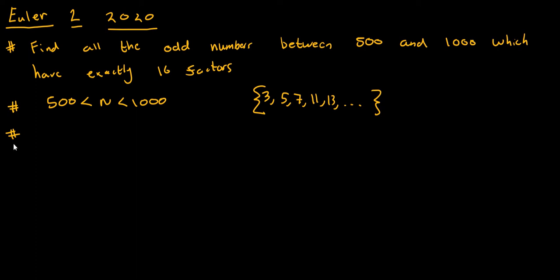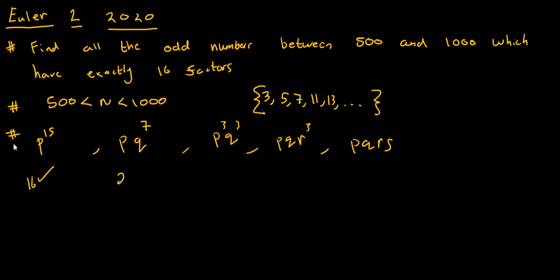We may have more than one prime. So the numbers are going to be of the form p to the 15, or p to the 1 times q to the 7, or p cubed times q cubed, or p times q times r cubed, or p times q times r times s. Let's check to see if these give 16 factors. 16 definitely. 2 times 8 definitely gives 16. 4 times 4 definitely gives 16. 2 times 2 times 4 definitely gives 16.